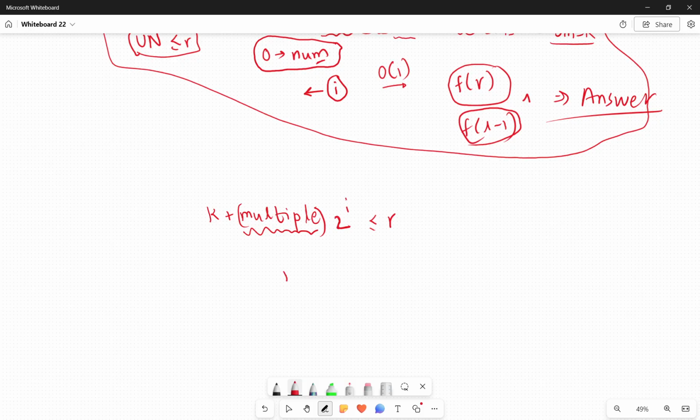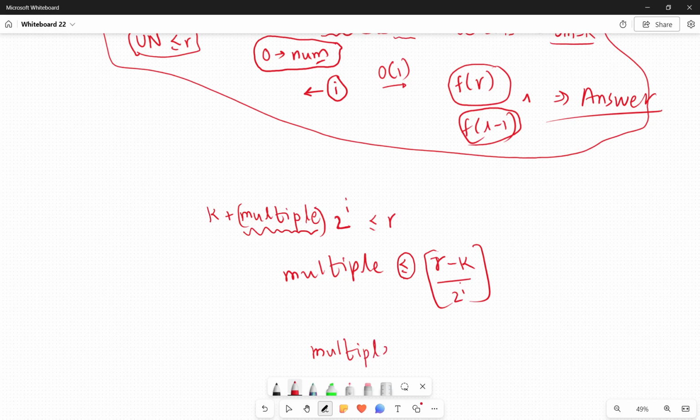So this multiple is less than or equal to r minus k by 2 to the power of I. Okay, so this less than or equal to can be just replaced by equal to because of the integer division that C++ performs. So multiple will be (r minus k) by 2 to the power of I, right? So in pure mathematics you can say this. So yes, this is our multiple.